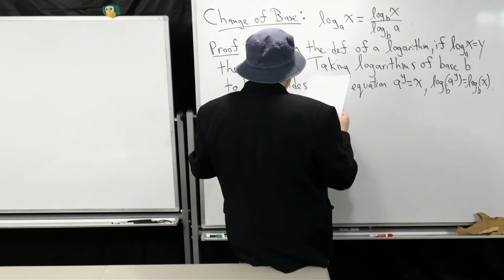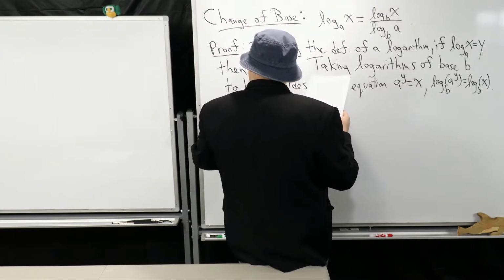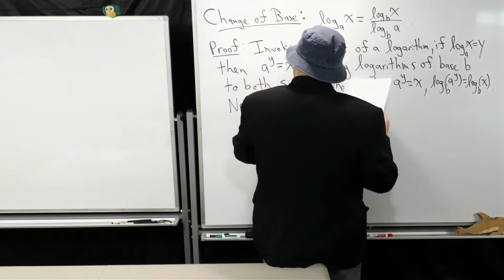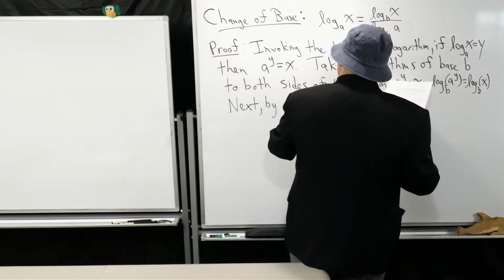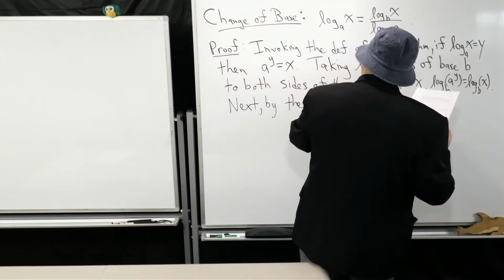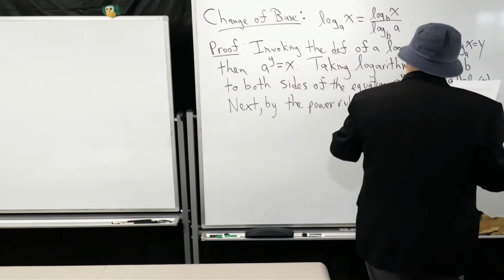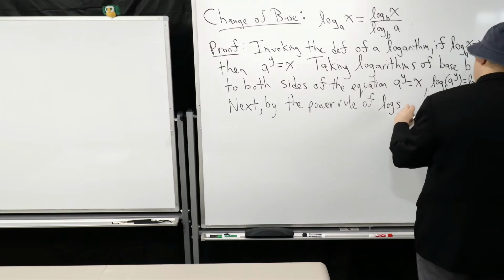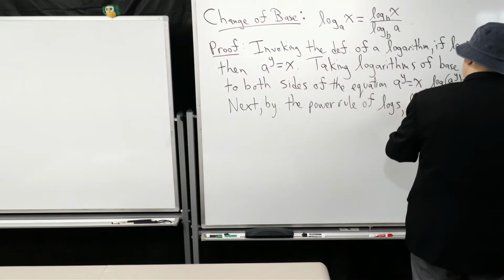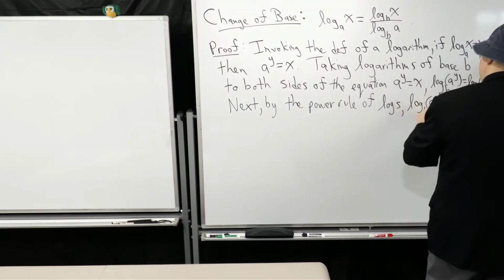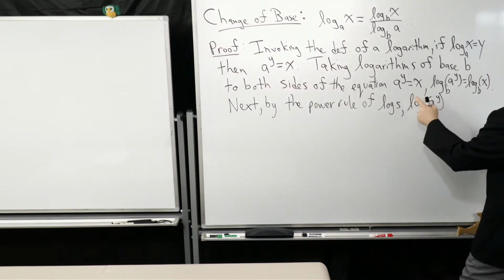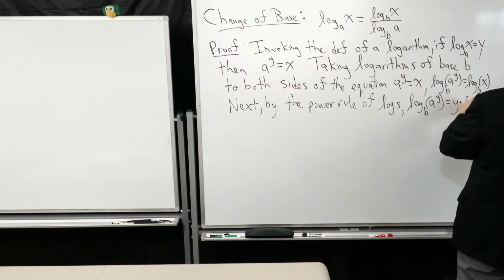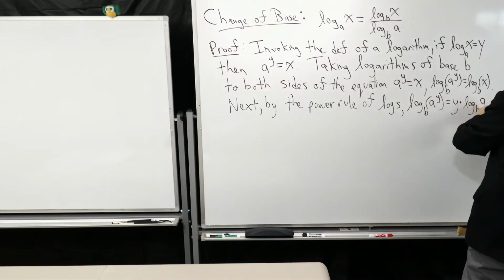Now we're going to apply the power rule. Like I said, this power rule is very useful. Next, by the power rule of logarithms, log base b of a to the y is equal to what? I can pull this y out front, right? It's y times log base b of a.